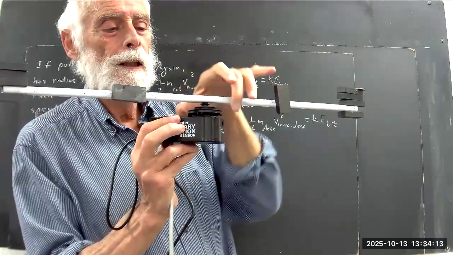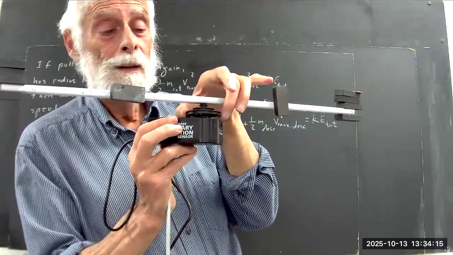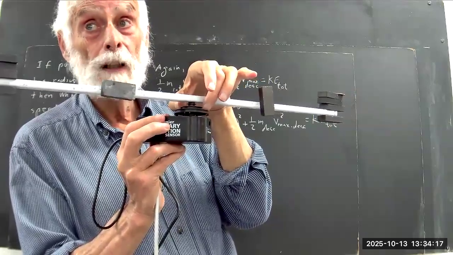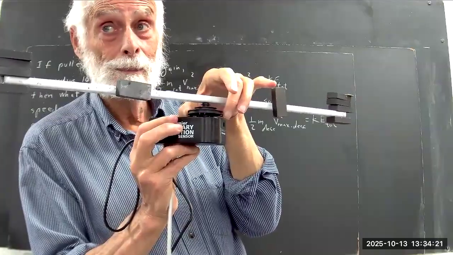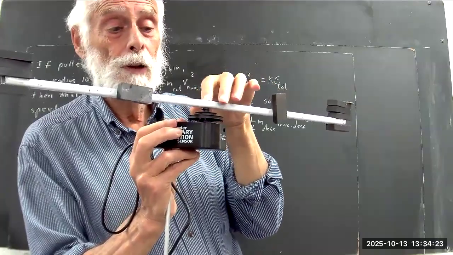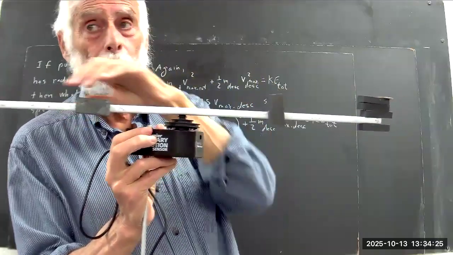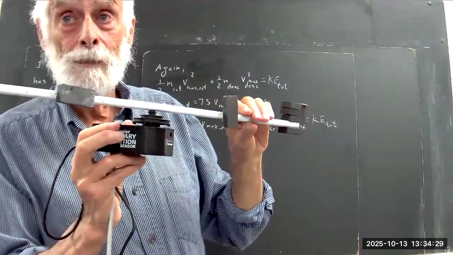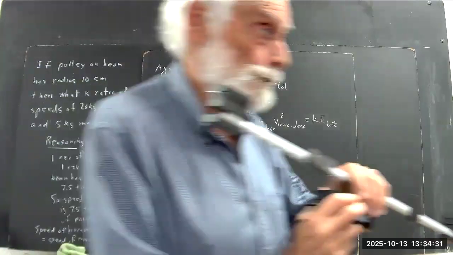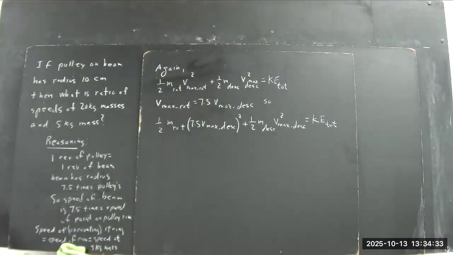And a pulley right here. This one has a diameter of 5 centimeters. This one has a diameter of 10 centimeters. And as you know, this beam has a radius of 30 centimeters, diameter of 60 centimeters. The pulley that we're talking about has twice the radius of the pulley on the system you're familiar with.